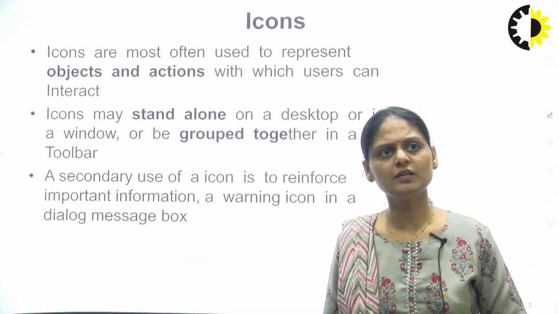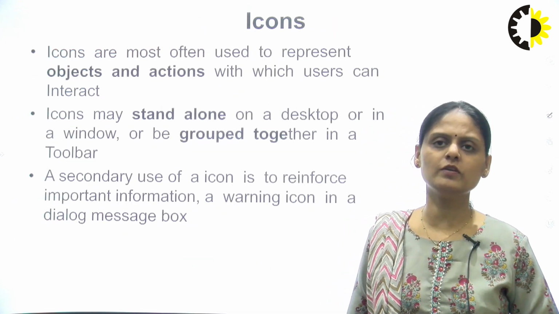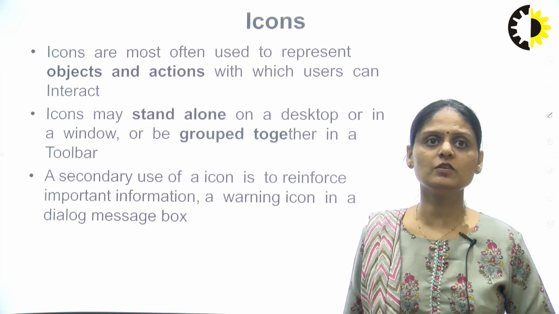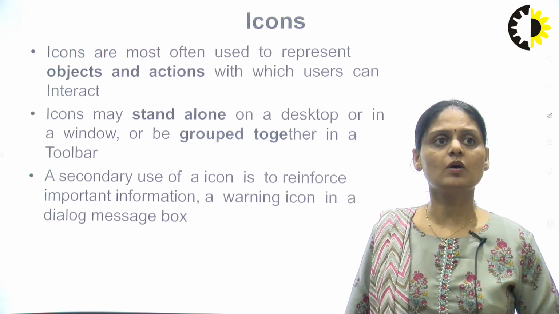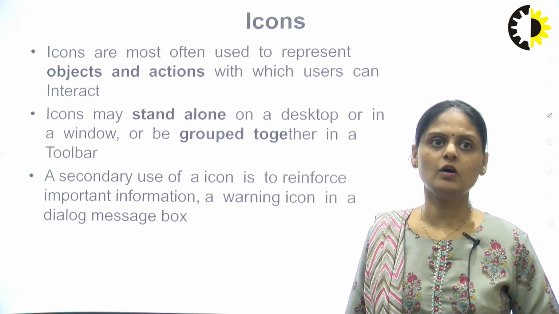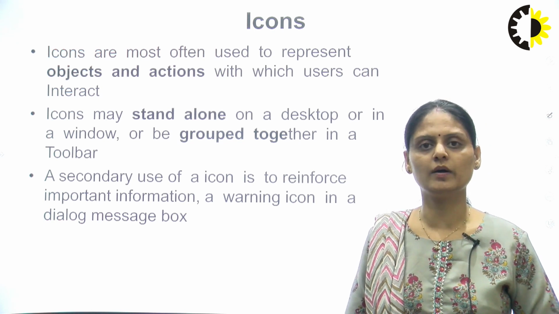Similarly, icons are most often used to represent the objects and actions with which the user can interact. Icons may be standalone on a desktop or a window, or they may be grouped together in a toolbar.